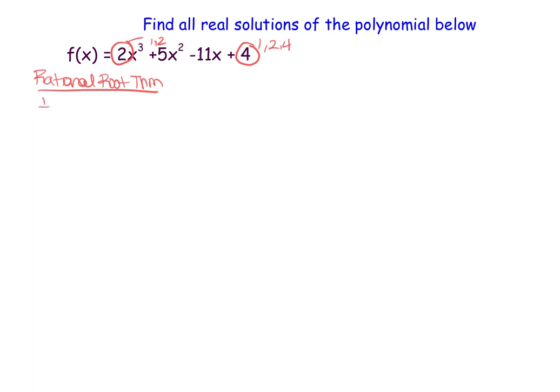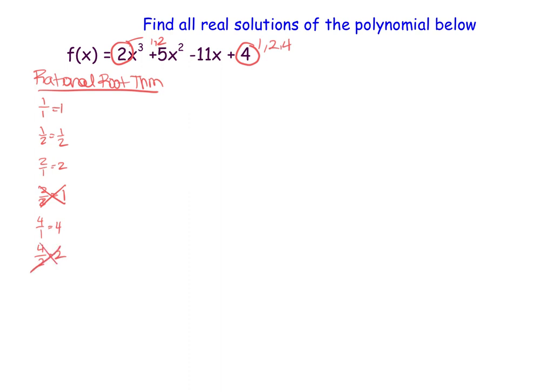So I have 1 over 1, which is just 1, 1 over 2, which is just 1/2. Then I have 2 over 1, which is just 2, 2 over 2, which is equal to 1, so that's a repeated 1. And then I have 4 over 1, which is 4, and 4 over 2, which is 2, and that is also a repeated 1.